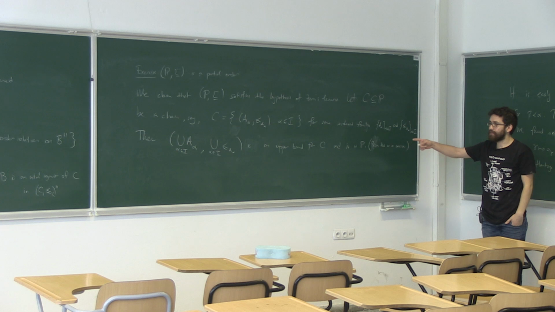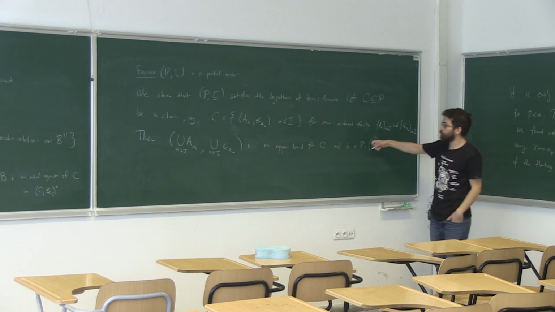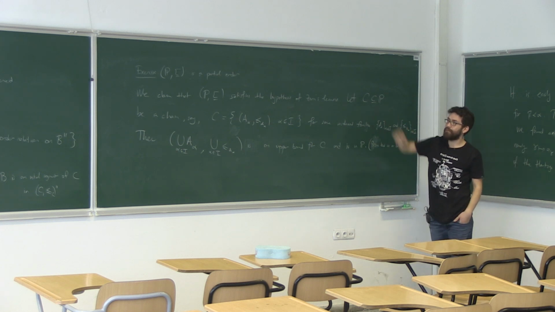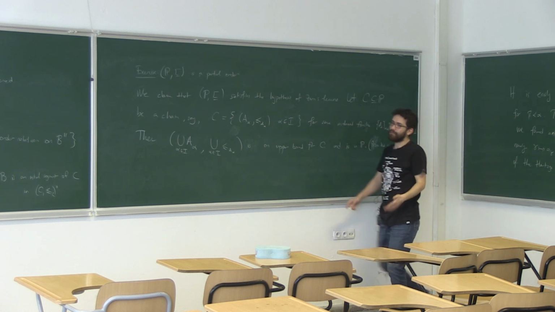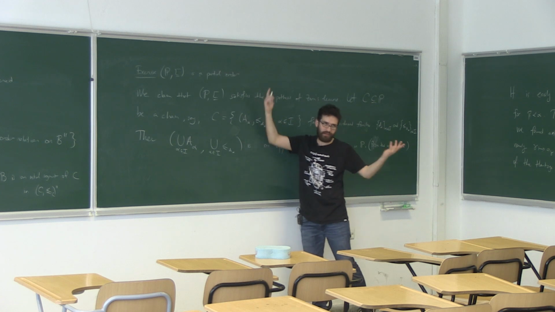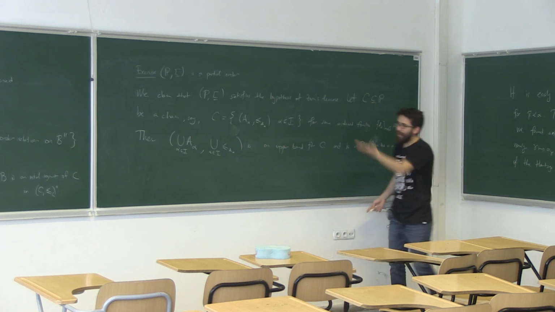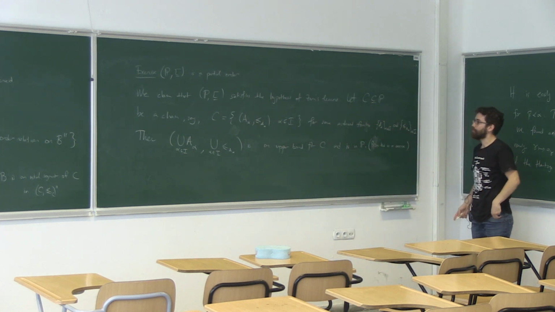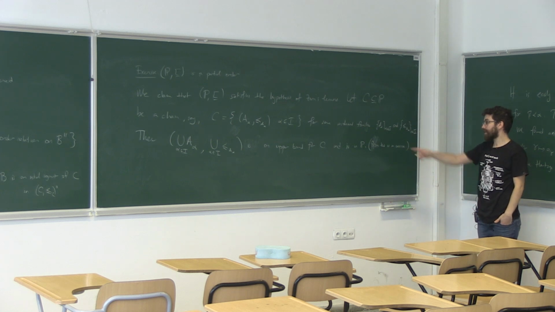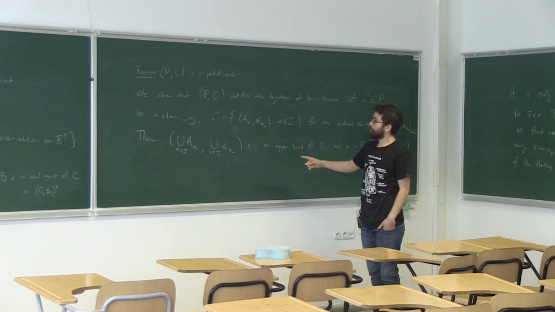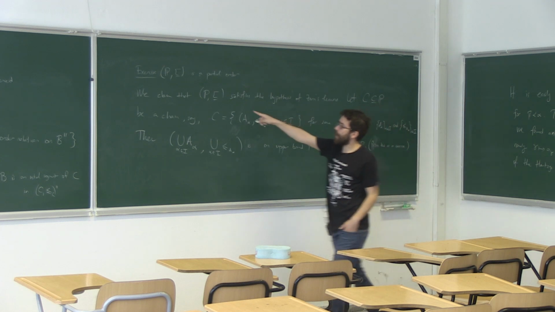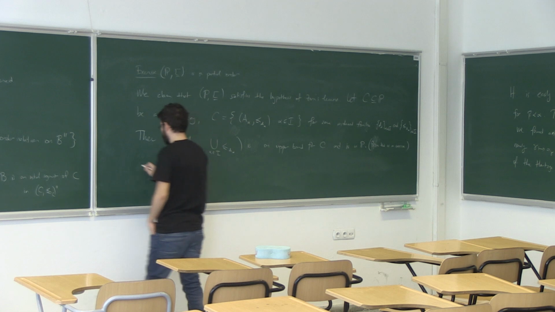This is why I was thinking about assigning it, but I wanted to give you the hint. I didn't want to simply say, check that this satisfies the requirements of Zorn's lemma. I wanted to tell you how you check that. Okay, so this is an upper bound, which is in P. So this satisfies the hypothesis of Zorn's lemma.